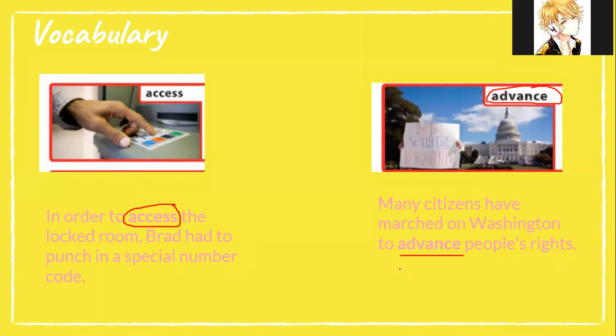To tell them what's the right thing. Excellent. So to improve, to become better, to flourish, to prosper, to grow. To have more rights, we mean here. So advance is like to prosper, to grow. Thank you, Zahra. Excellent.